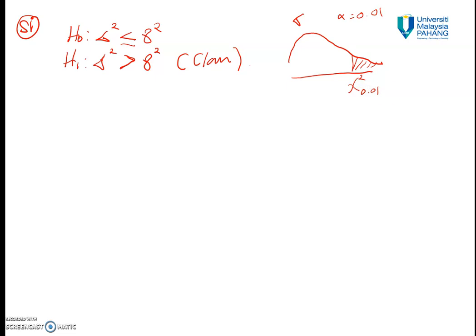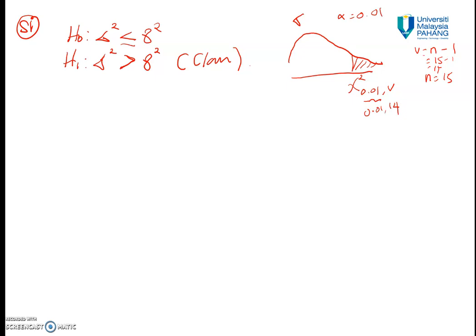And then here you will have nu later. The nu is usually n minus 1. Our n just now is 15, so here will be 15 minus 1, which is 14. So here will be chi-square 0.01, 14. This is just to show you at an early stage.